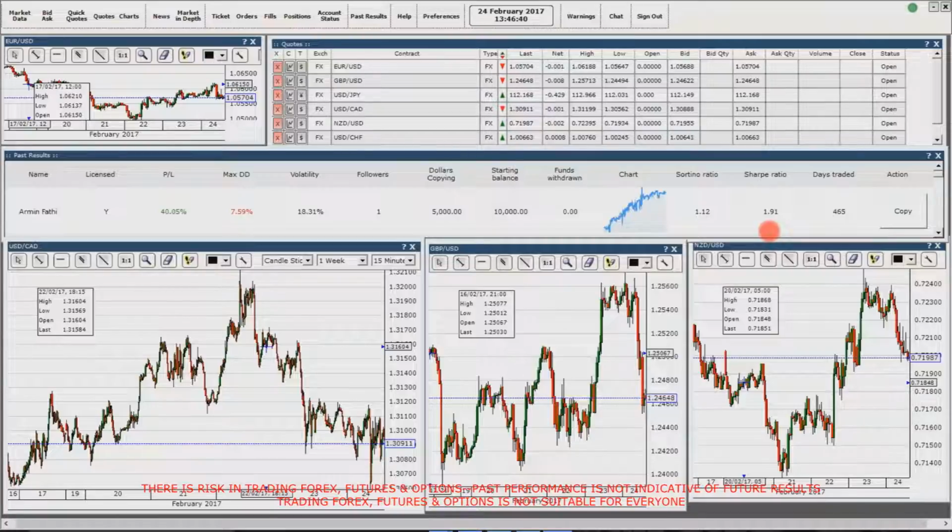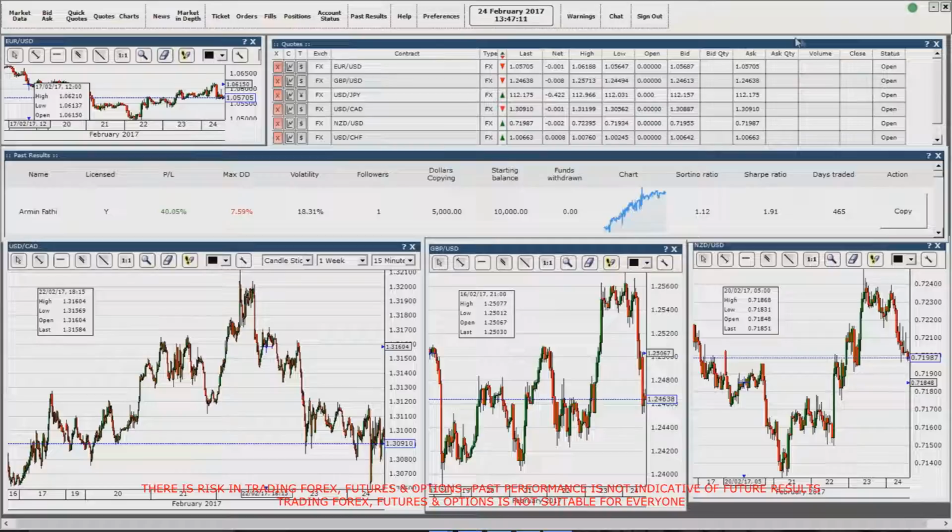I leave it up to you to Google the Sortino ratio and the Sharpe ratios, meaning why? Because if I start talking about it, then you might think that I am biased. So I don't want to sweet talk anything. I'll leave it up to you to objectively find out what a Sortino ratio of 1.12 and a Sharpe ratio of 1.91 implies. Okay, here, this is the most important button, copy, as you can see here.